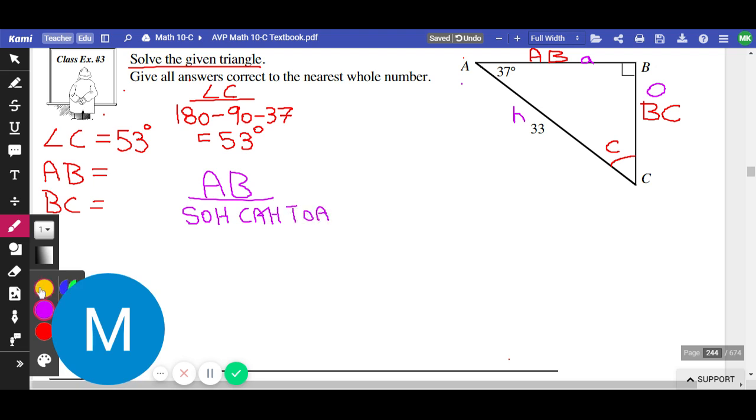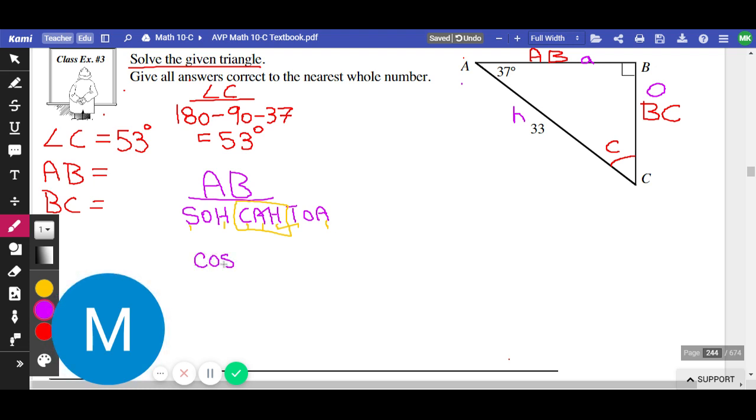I check things off. I check off what I know and what I want to know. I check off H because I know it. I check off A because I want to know it. One of them will have 3 checks. In our case, CAH. So cosine equals adjacent over hypotenuse is what we want to use.